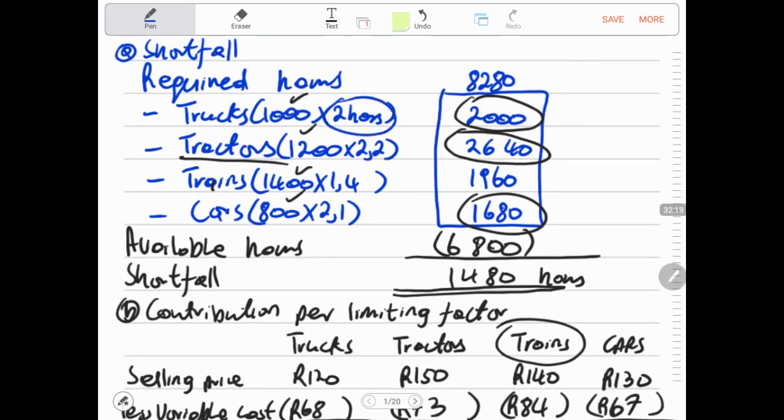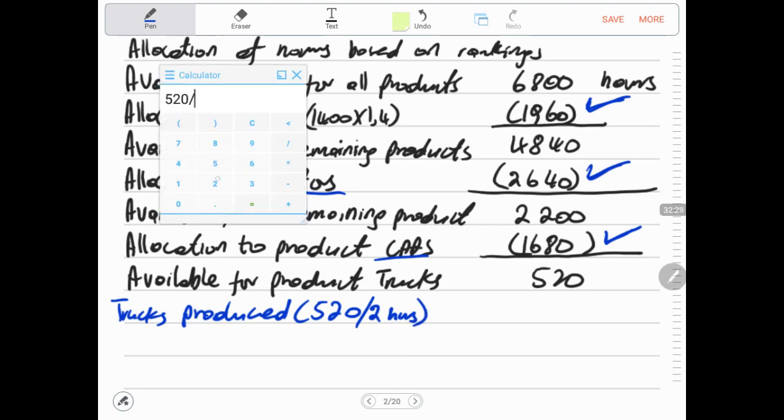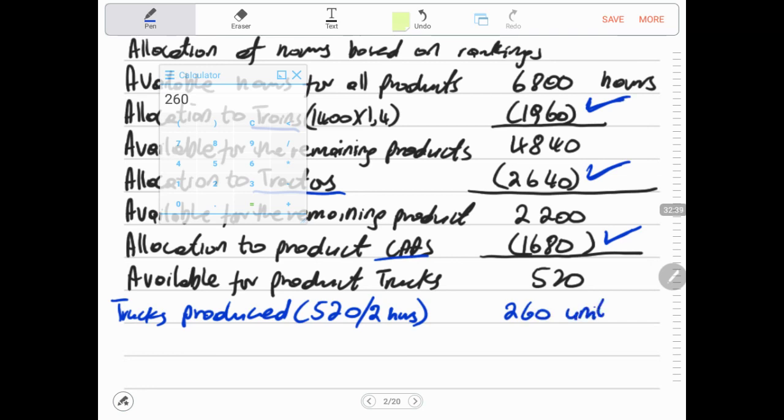We need 2 hours to complete 1 unit of a truck. Therefore now we divide by 2 hours. When we divide by 2 hours, then we'll get to know how many units can be manufactured out of these hours. So now, meaning they can only manufacture 260 units.